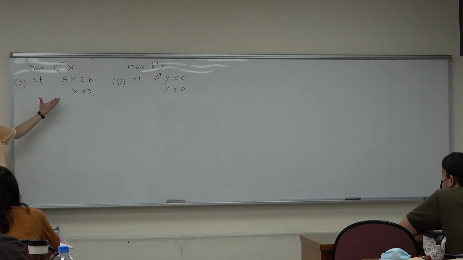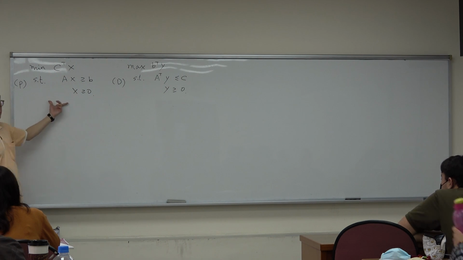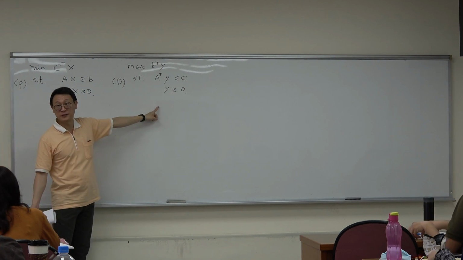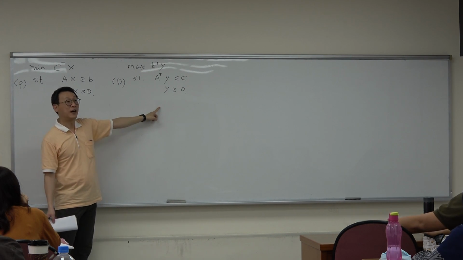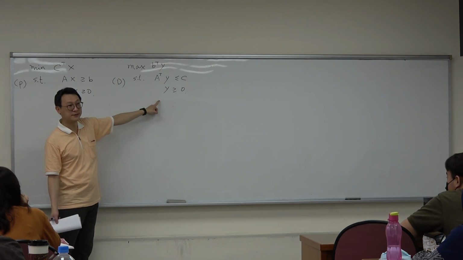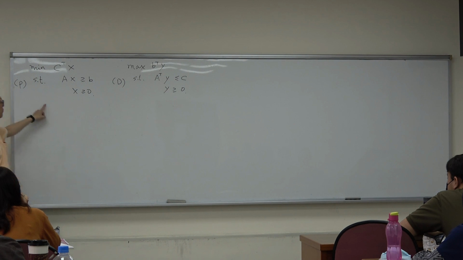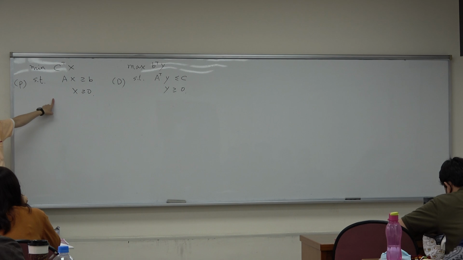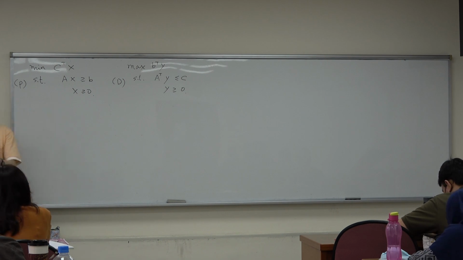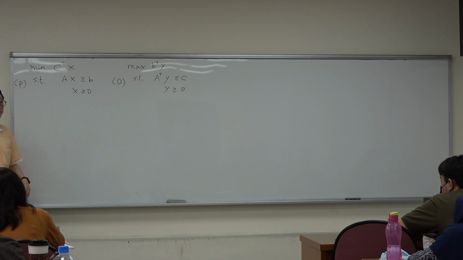Because when I give you this kind of problem, I try to find the dual. And if I find the dual of the dual again, it goes back to the original one. So primal or dual is just a way to mark which one is the specific one.